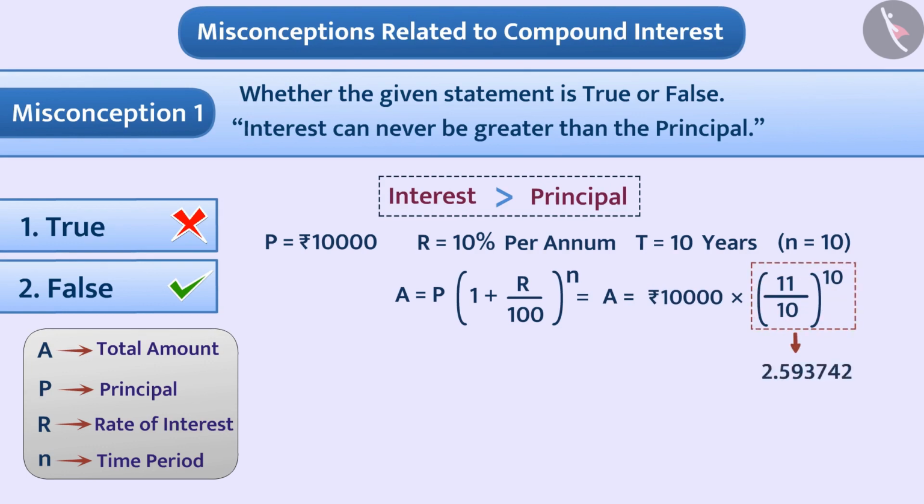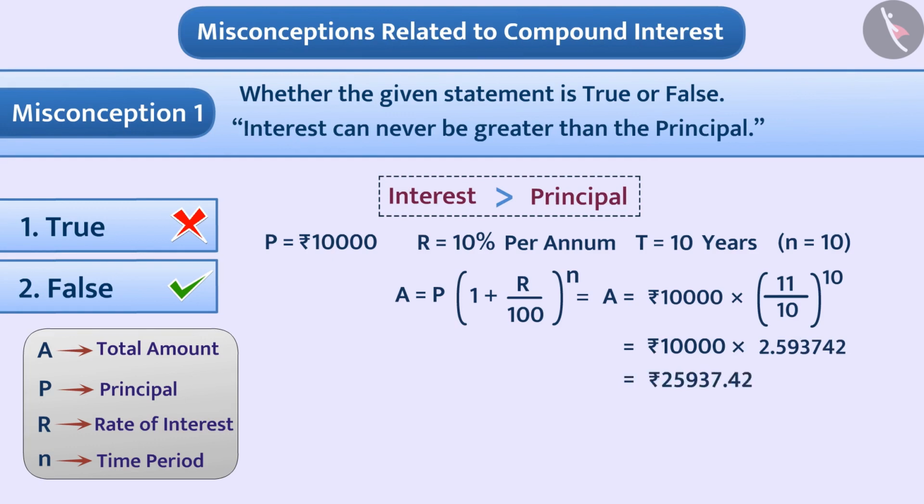2.593742. In this way, A is equal to 10,000 rupees multiplied by 2.593742, which is equal to 25,937.42 rupees.